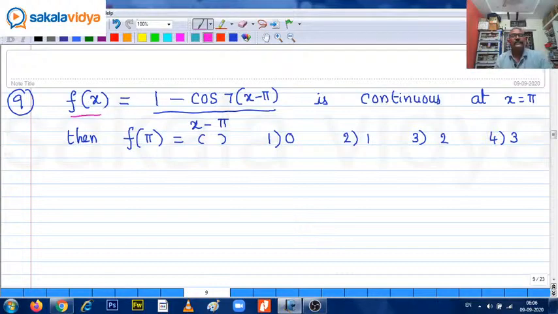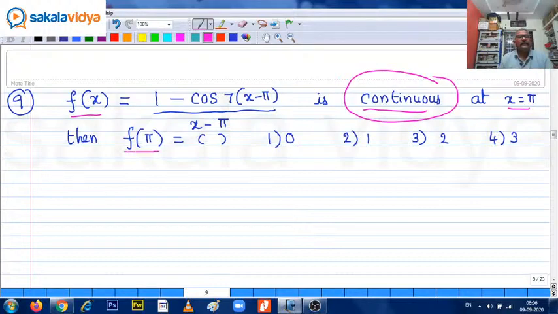F of x equals 1 minus cos 7 of x minus pi upon x minus pi is continuous at x is equal to pi. This is the keyword in the problem: it's continuous. That means obviously we need to find f of pi.